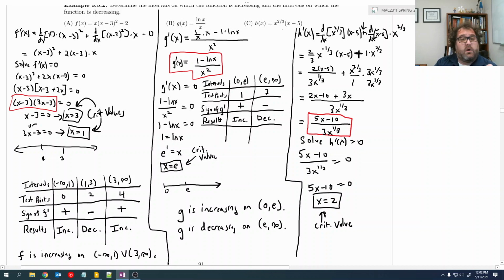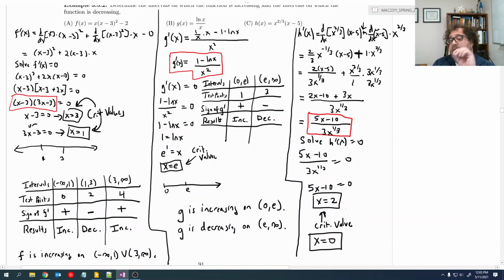You can plug a 0 into h. h of 0 is in fact 0, because 0 to the 2/3 is 0, times 0 minus 5, so 0 times negative 5 is just 0. So 0 is in the domain of the original function, but 0 is not in the domain of the derivative. That means the function is defined, but not differentiable at x equals 0. Therefore, 0 is a critical value.